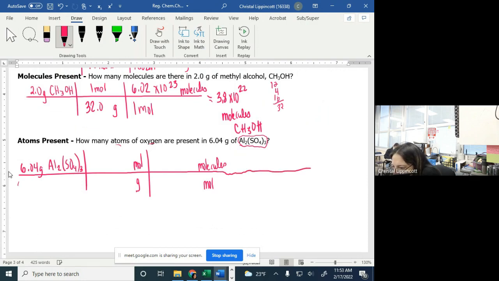I did not make my line long enough, and now I'm trying to do it by hand. It's not good. So we need to take those molecules and then go into atoms of oxygen. Okay? So get your chart written down, and then I'll show you where I get all my numbers from.